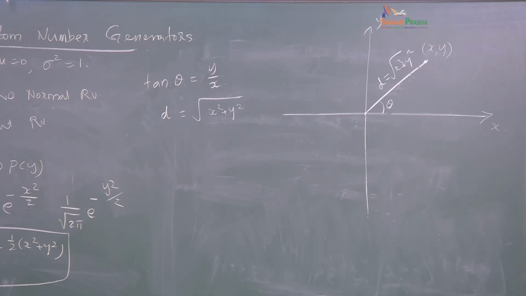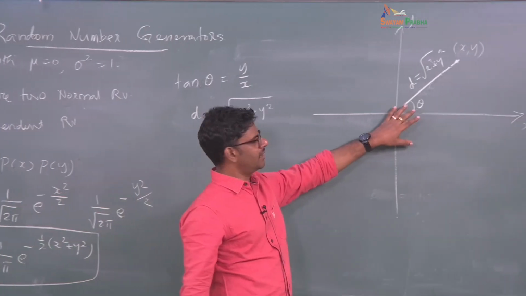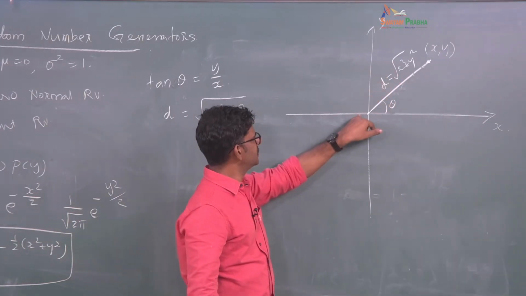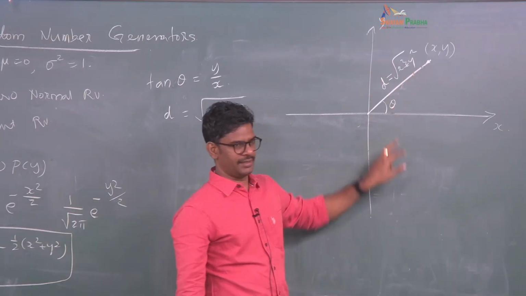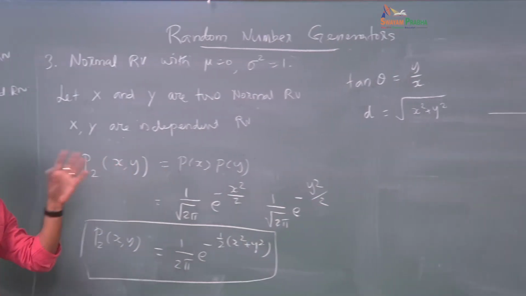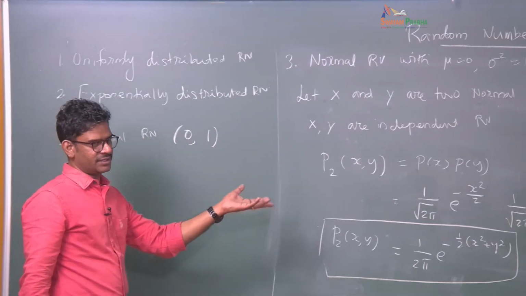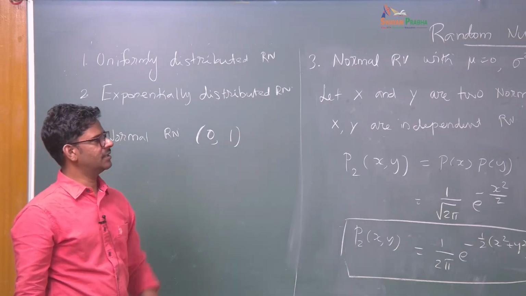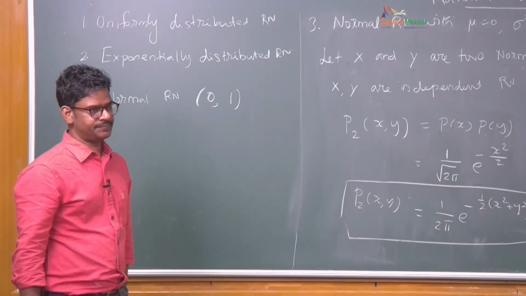Right. So what we have done is two normal random variates can be represented by two equivalent variables: the distance from the origin and the polar angle. That's why it's called the polar method. We are trying to convert these xy linear coordinates into polar coordinates with a distance from the origin and a polar angle theta.